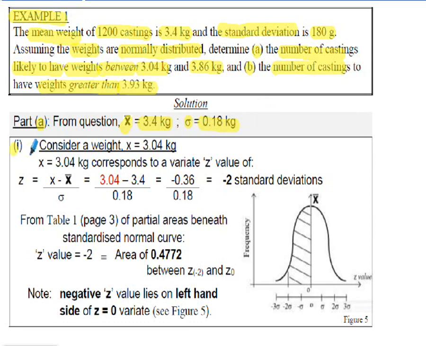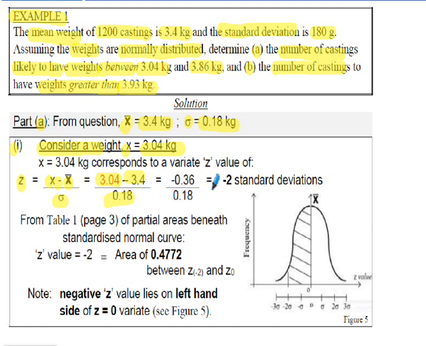So part 1 here. We're going to consider a weight of x equals 3.04 kilograms. So to find the variate, the formula is x, take away the x bar, over the standard deviation. In this case, the x value we're given is 3.04 kilograms. The x bar given in the question is 3.4, and the standard deviation in the question is 0.18.